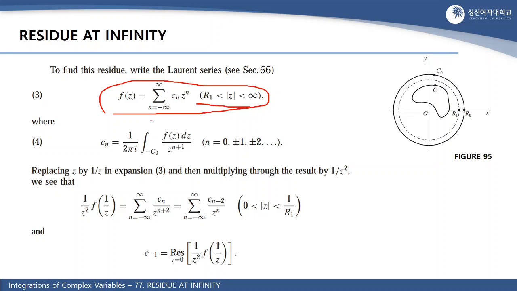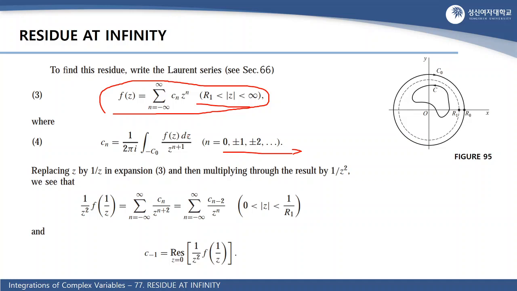And n moves from negative infinity to positive infinity, where the coefficient Cn can be computed by 1 over 2 pi i times the integral along negative C0 of f(z) dz divided by z to the n plus 1. Here n moves through plus or minus 1, plus or minus 2, and keeps going like this, which means n is an integer.